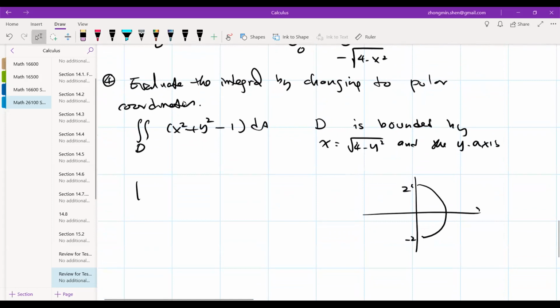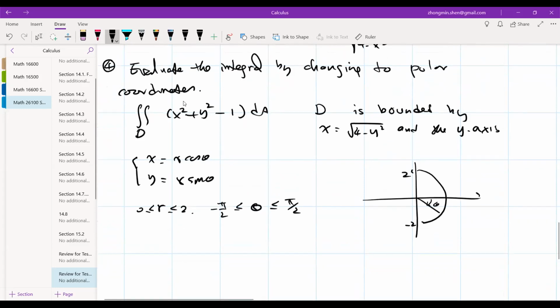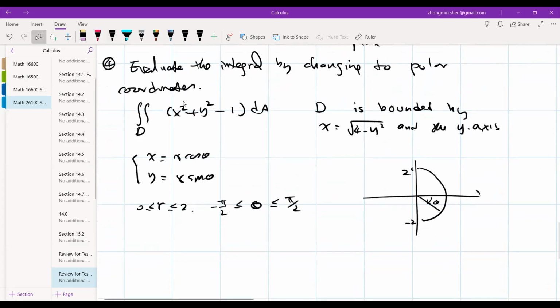So if you use x equals r cosine theta, y equals r sine theta, what kind of restriction do you have to put on r? r is between 0 and 2. How about theta? This is the angle theta. So theta is between negative pi over 2 and positive pi over 2. Okay, clear, right? So you get the whole semicircle.